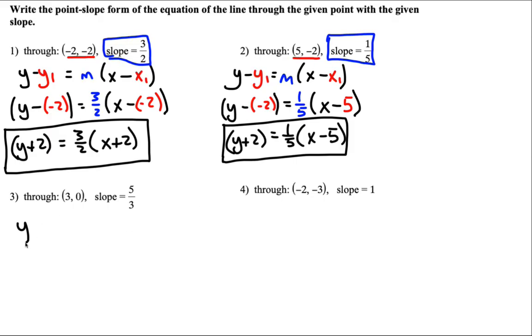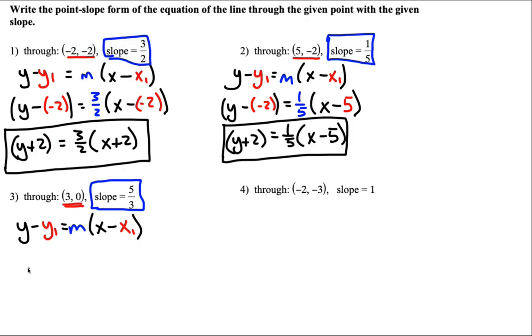Problem number 3, y minus y1 is going to equal m times x minus x1, where my slope m is going to be 5/3, and it's going through 0, 3.